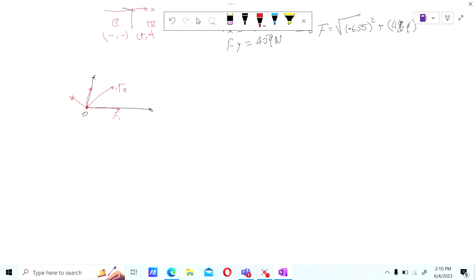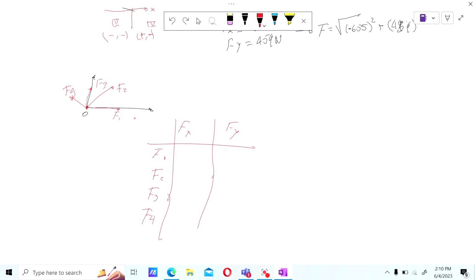F1, F2, F3, F4. Okay, so you're going to have 4 components. So let's do here Fx, Fy, F1, F2, F3, F4.